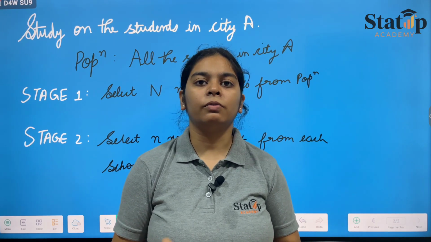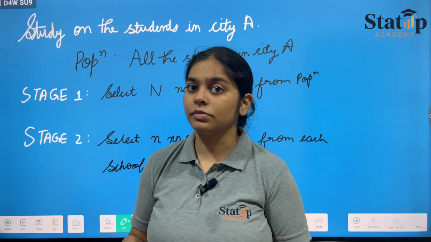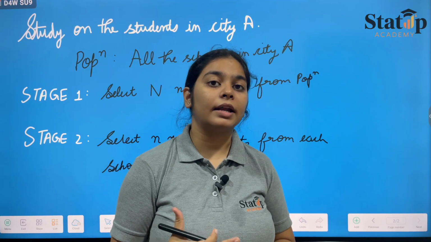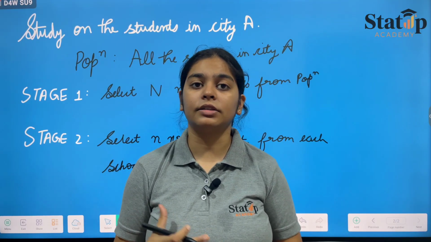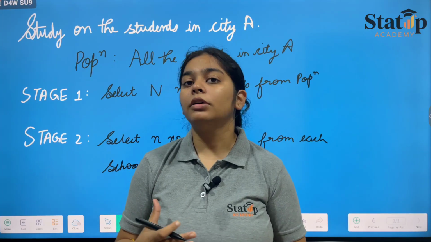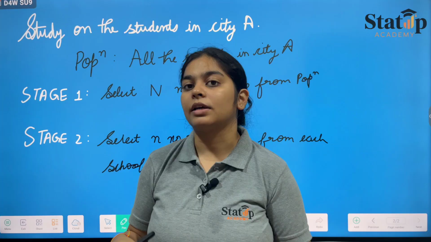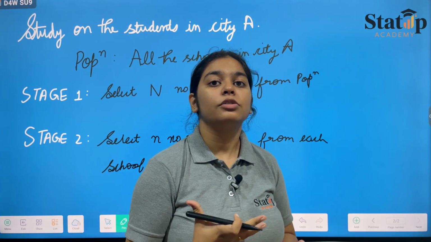In stage one, we select some schools. Obviously, it is impossible to select all of them and conduct the experiment, which would be complete enumeration of the population. That is not feasible here, so we select some. That's why we are using sampling. The schools we select are the clusters, or groups of students.